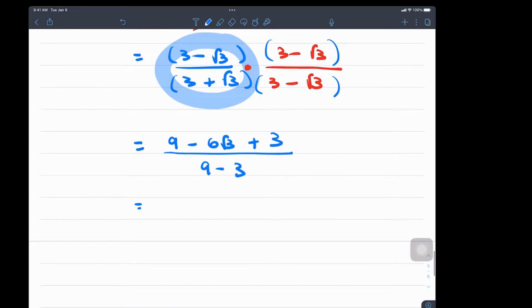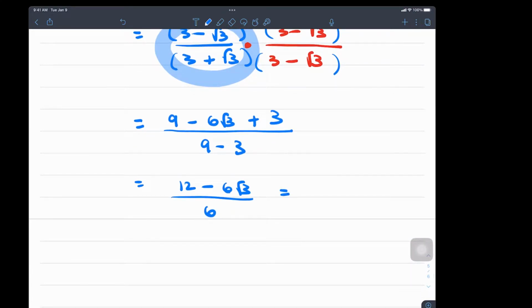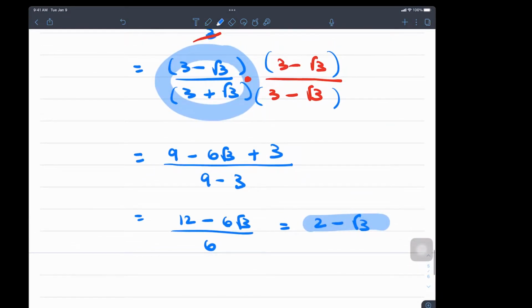So you get 12 minus 6 square root of 3 over 6. And you say, I looked in the back of the book, they got 2 minus square root of 3. I think that's what you get, right? So there's a more simplified version of the answer. But that's where they got it from. They rationalized the denominator. That's all.